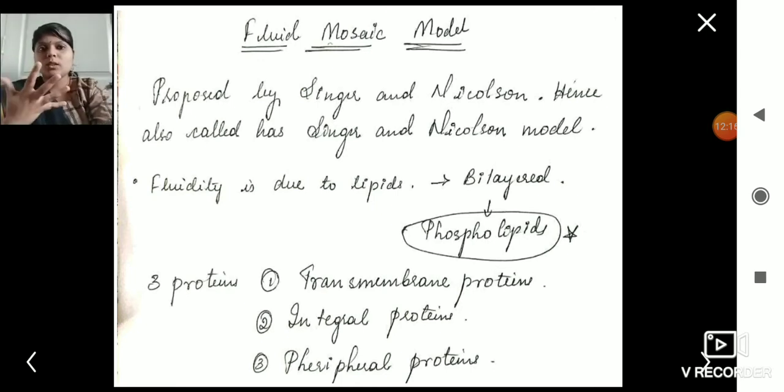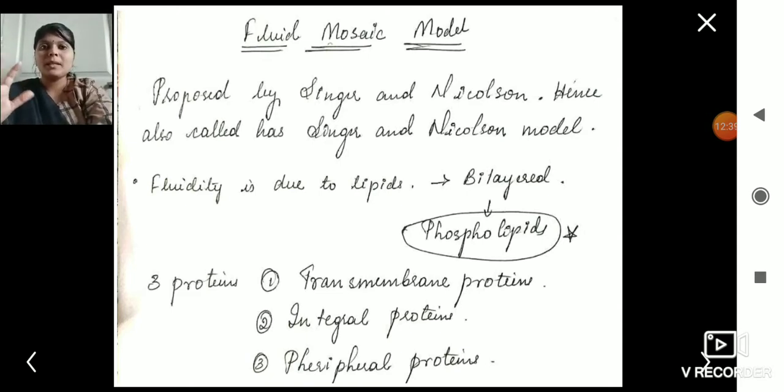Why do we call it the fluid mosaic model? The fluidity is because of the lipid bilayer, which is in the form of phospholipids, so that is in a form of a liquid. Then you have a mosaic nature, like you see in granite.